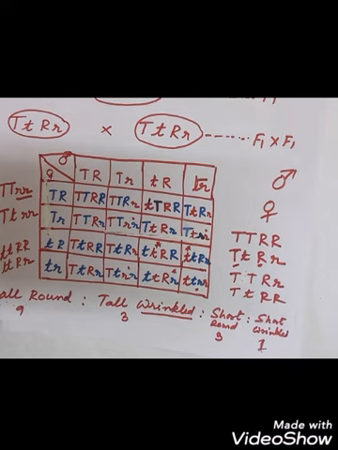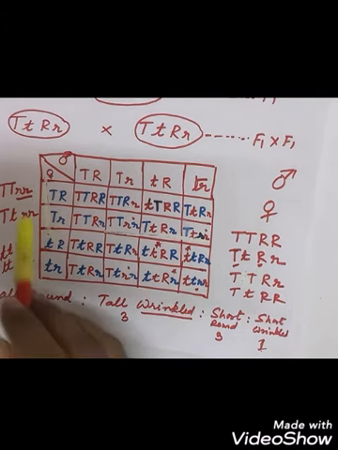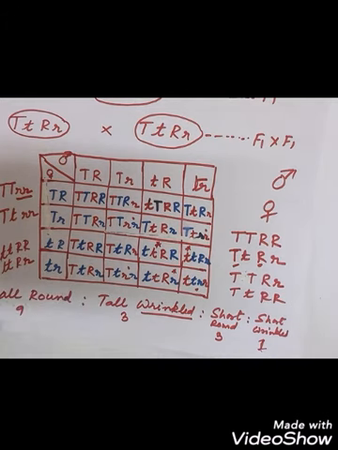And remember, the dominant one can be expressed externally if we have capital T and small t together also, or whatever alphabets you are taking for any characters. But the recessive one should be in homozygous condition, that is small r, or whatever character you are taking and representing with any alphabet. The recessive characters will be represented only when both are present, like rr.